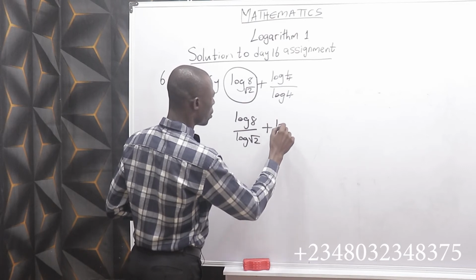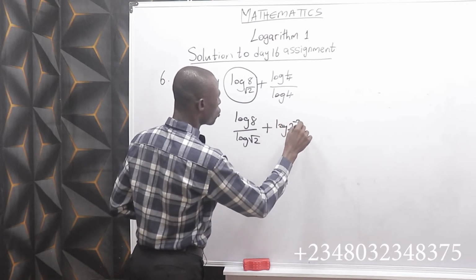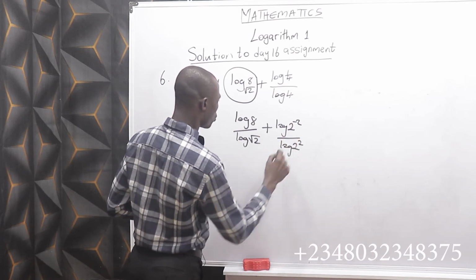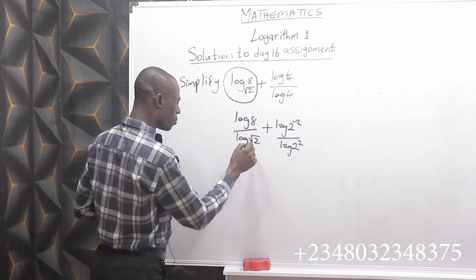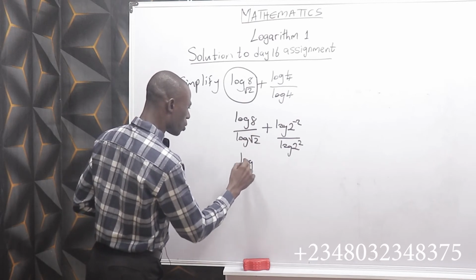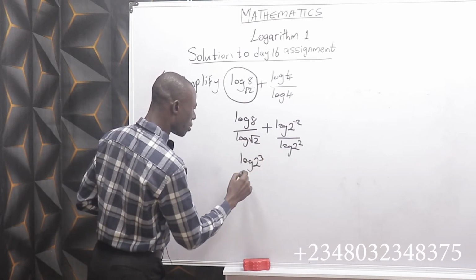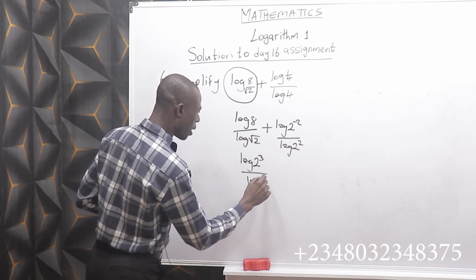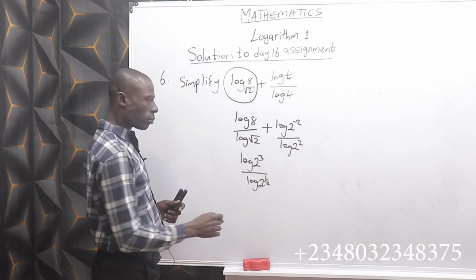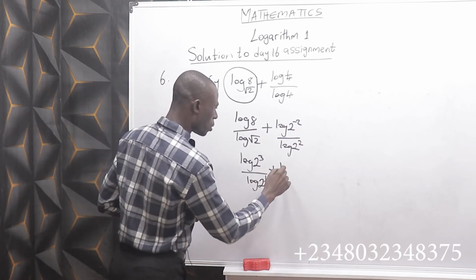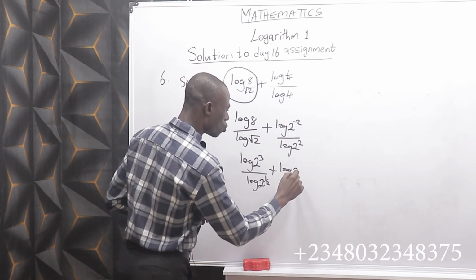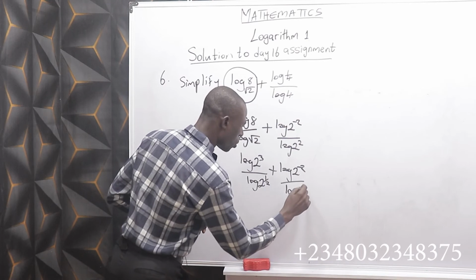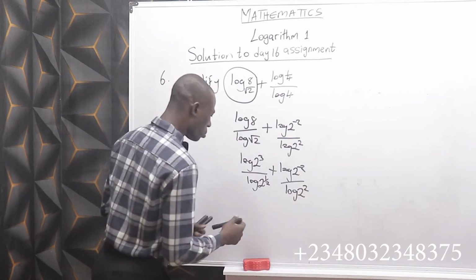Plus log 2 raised to power minus 2 over log 2 raised to power 2. Also, raise this as log 2 raised to power 3 over log 2 raised to power half plus log 2 raised to power minus 2 divided by log 2 raised to power 2.